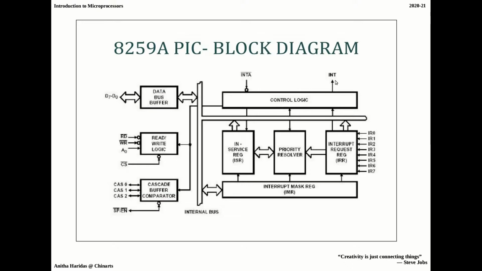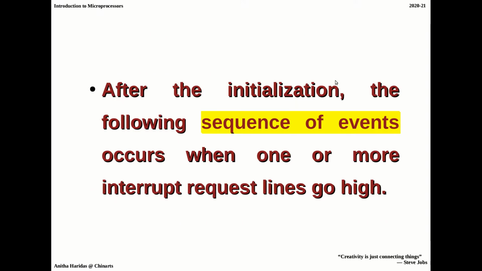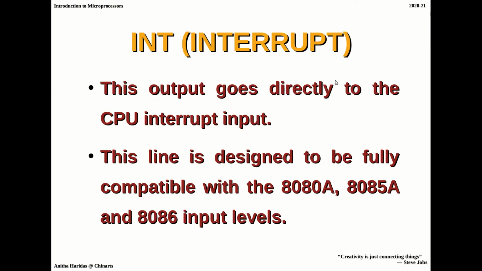The interrupt line goes to the CPU interrupt input, and this line is designed to be fully compatible with 8080A, 8085A and 8086. So all the family of 80 microcomputer systems can be connected to this particular Programmable Interrupt Controller 8259A.